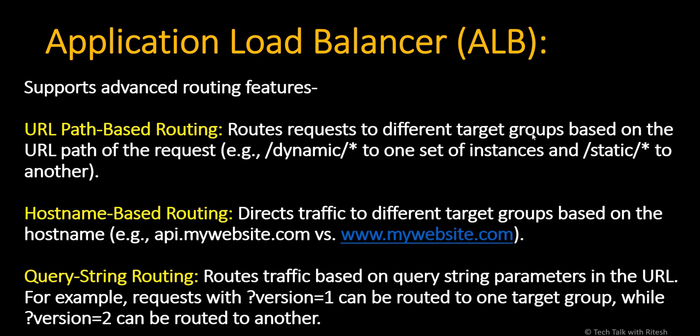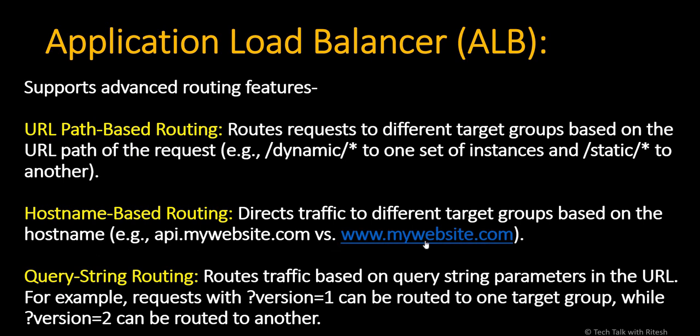I can create two target group. One is for this type of resource, wherever I will find a dynamic, and another target group is for static, wherever in the URL we'll have static keyword. Okay, and then in those target groups we can configure EC2 instances.